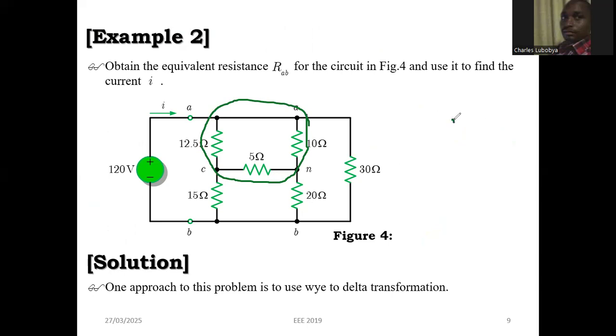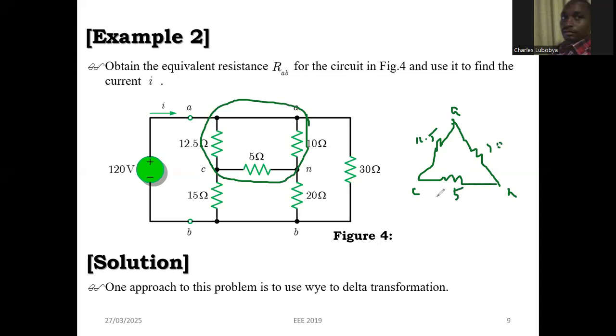So you have point A connected to point C, and from point A connected to point N. From A to C, you have 12.5. From A to N, you have 10. Then from C to N, there's a delta there, and you have 5 ohm.